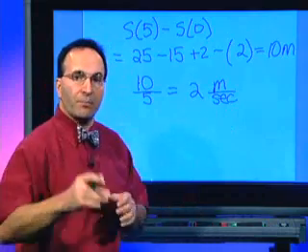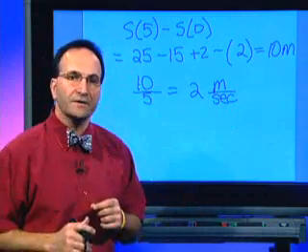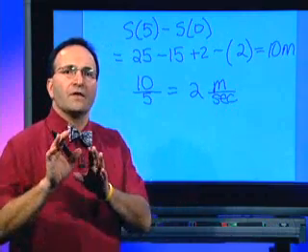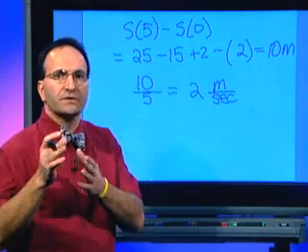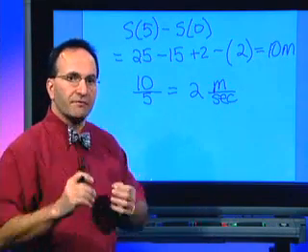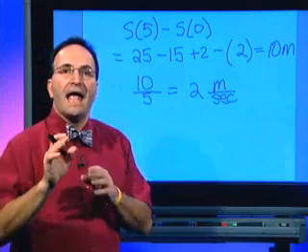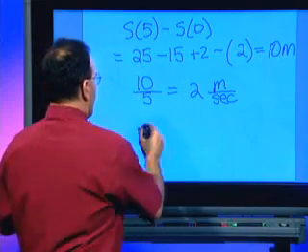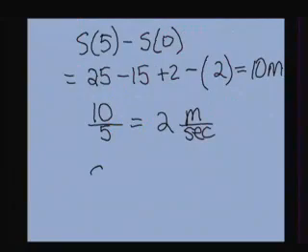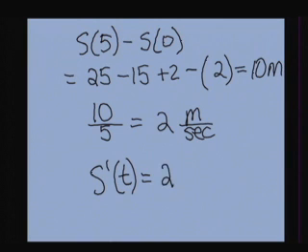And the third thing, or part C, that we were supposed to find was the velocity, which of course is the first derivative of the displacement. And we can do that: s prime of t, and remembering that the original function was t squared minus 3t plus 2, the derivative is 2t minus 3.